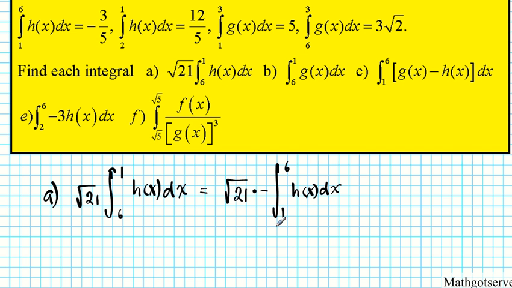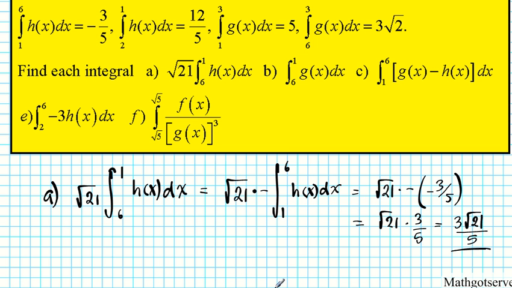Okay, so now we can replace this piece with negative 3 over 5. So I'm going to substitute this entire antiderivative with negative 3 over 5. So this becomes root 21 times negative 3 over 5. All right. And when you multiply that, you have root 21, minus times minus is plus, times 3 over 5. And your final answer is 3 root 21 over 5. Okay? So that's the answer to letter A.